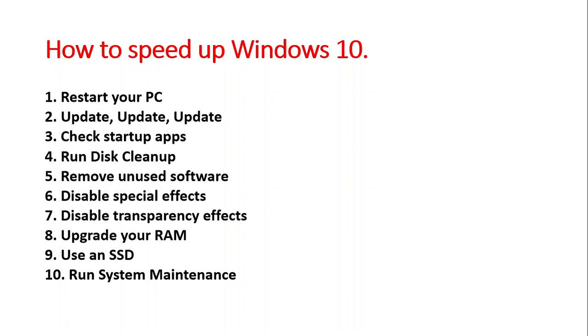So this may increase your system performance. And the next one is disable transparency effects. It makes things even easier if you disable the transparency effects. Transparency effects is nothing but the color settings. So if you think that your system is performing low, you can disable the transparency effects.